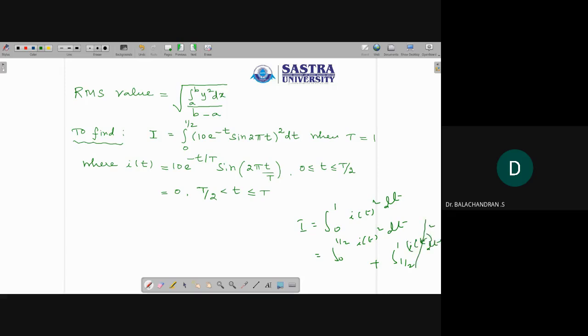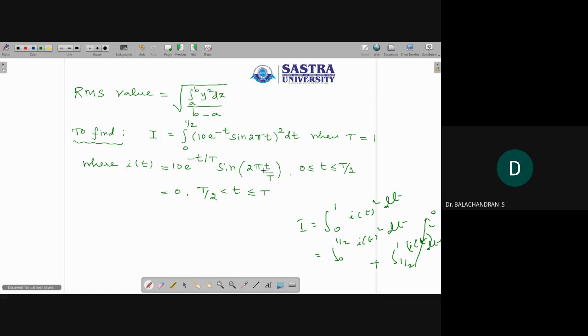So in this interval, I of t is what? 0. So remaining you have this interval 0 to 1 by 2. I of t is nothing but 10 e power minus t by capital T, but capital T we know is 1. So 10 into e power minus t, you can check it here, 10 into e power minus t sine 2 pi t whole square.